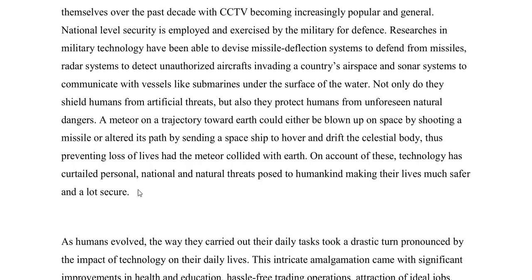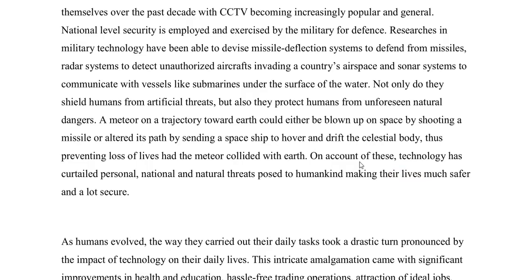In simple terms, if you consider all the facts discussed in the supporting details section, technology has protected us at a personal and national level from all kinds of threats, and has helped us to feel much more secure.